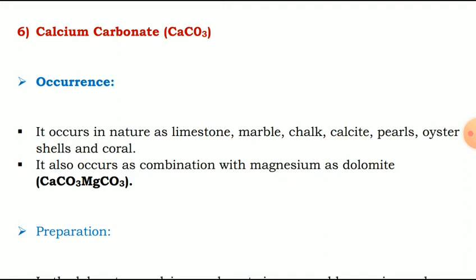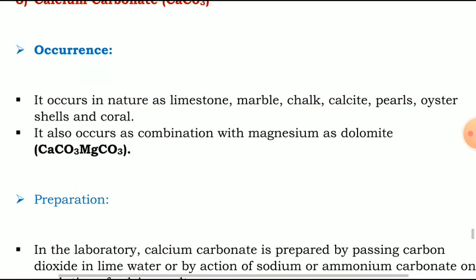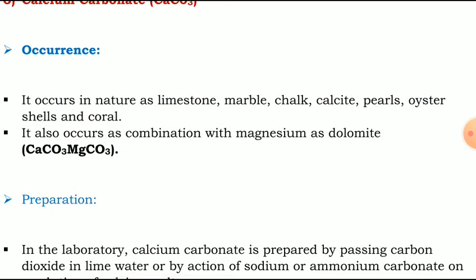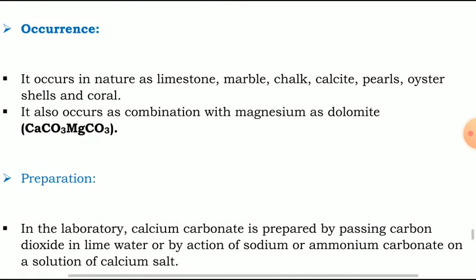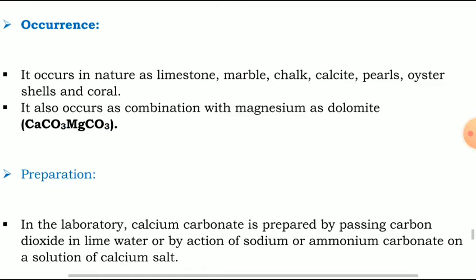Now we will see the preparation. In the laboratory, calcium carbonate is prepared by passing carbon dioxide through lime water or by the action of sodium or ammonium carbonate on a solution of a calcium salt.